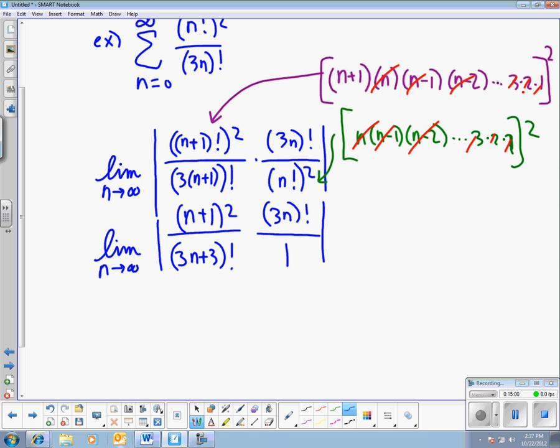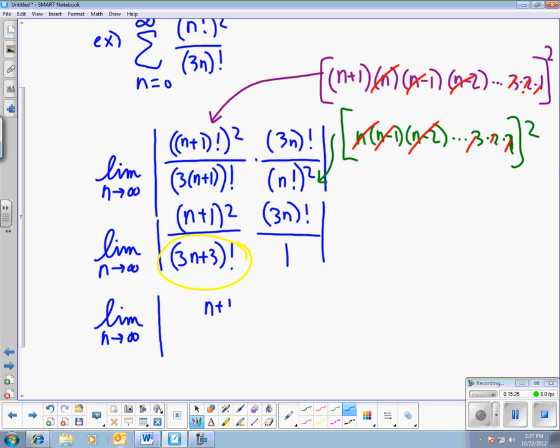So what I have here now is some factorials that I can cancel. Think about this term here. It's 3n plus 3 times 3n plus 2 times 3n plus 1 times 3n times 3n minus 1. And when I get to 3n, that's where I pick up with the top and start canceling it out.